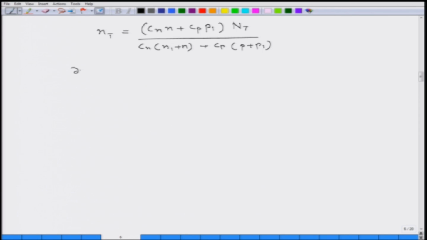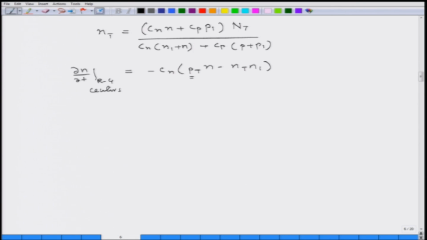So, if I now want to calculate del n del t due to R-G centers, the overall effect of annihilation and recombination generation in the case of R-G centers, then del n del t was nothing but minus C_n, p_t in the general case minus n_t n_1.